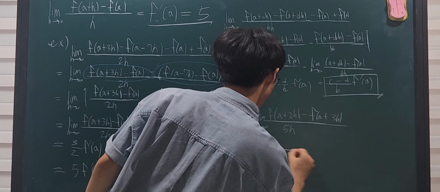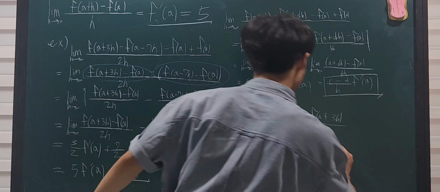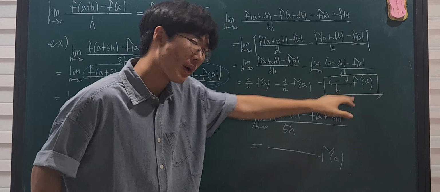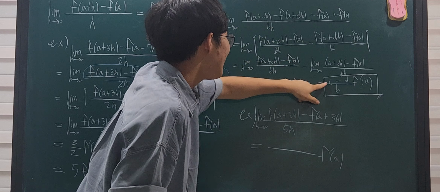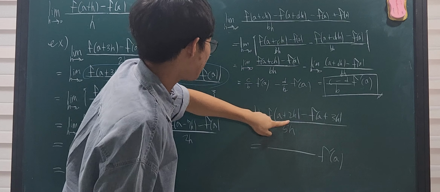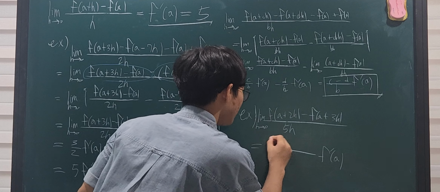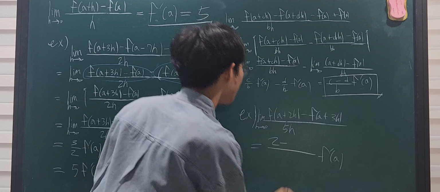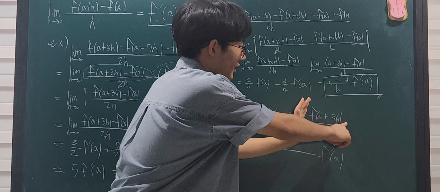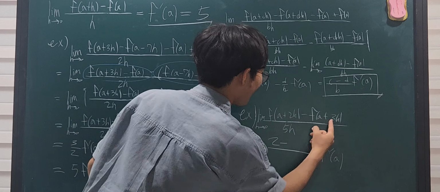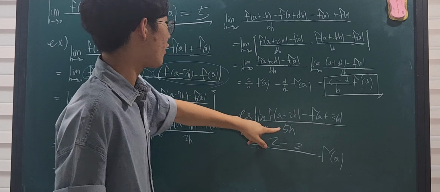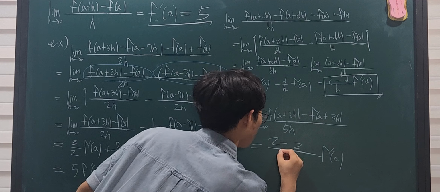And what is this? Well, first we write f prime a. However, what is the constant that is multiplied by f prime a? c minus d over b. So c, the coefficient of h in the first f parentheses, so 2, minus d, the second coefficient of h in the second f parentheses, so minus 3, over b, which is the coefficient of h in the denominator, 5.